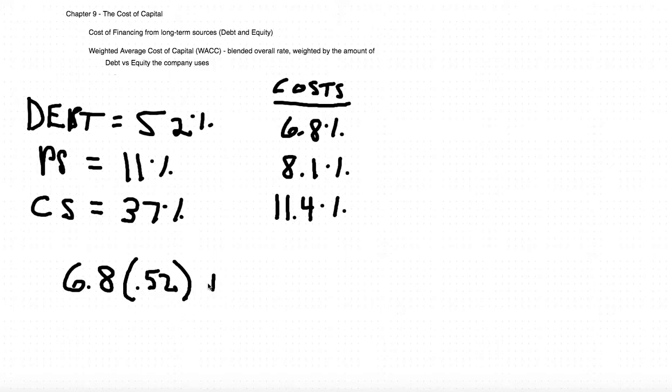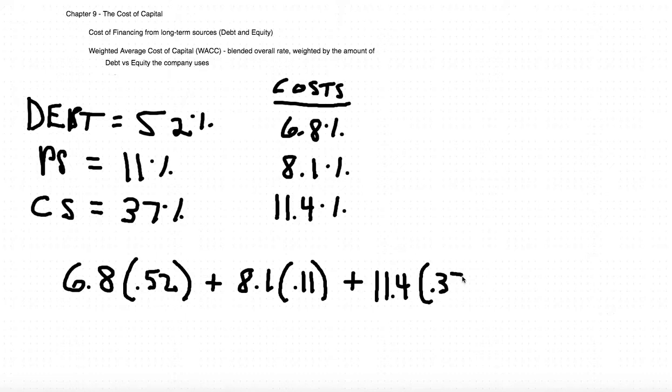We're going to add to that the weight of the preferred stock, so that is cost of preferred 8.1%, and multiply that times 0.11, 11% of the capital structure. And then we're going to add to that, finally, the 11.4% of common, and weight that by the 37% or 0.37 capital structure.